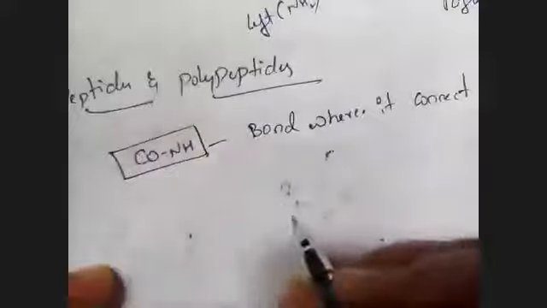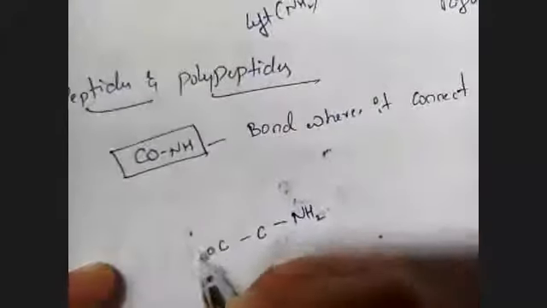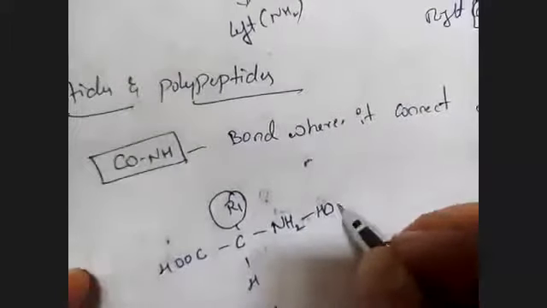So I'll just write two amino acids. This is our R group, let us say R1. You can see them, right?